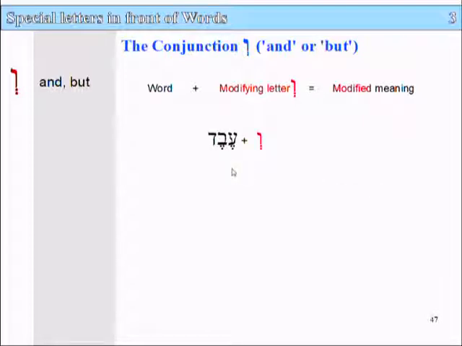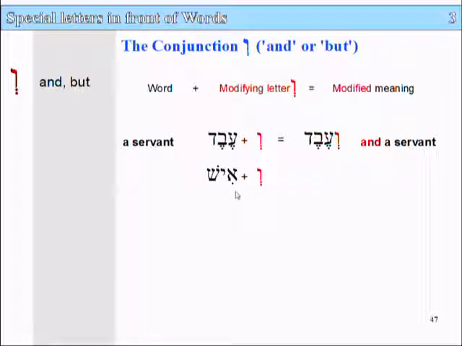For example, the word for servant, eved, when we add the Vav, means and a servant, ve-eved.